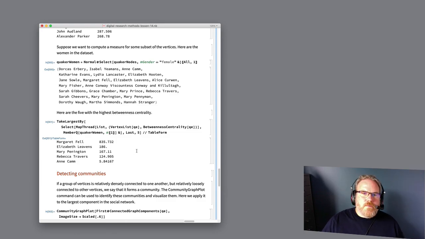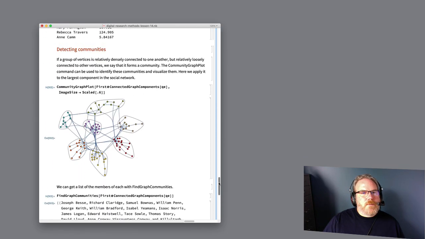So if we have data about the various nodes in our data set, or the various persons in a social network, we can use that information to construct queries of various kinds. Since we have their birth dates and death dates, we could also use it to extract information about people's ages and perhaps do something with that.